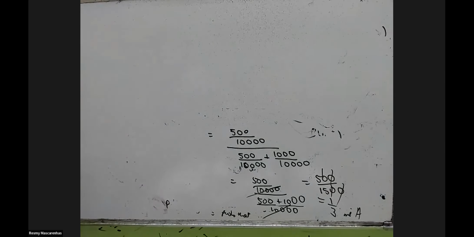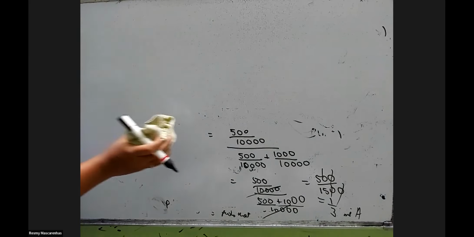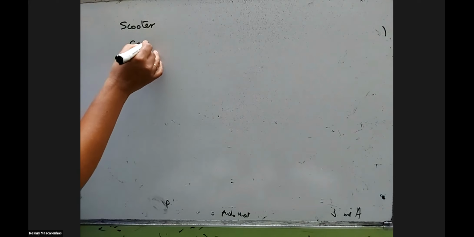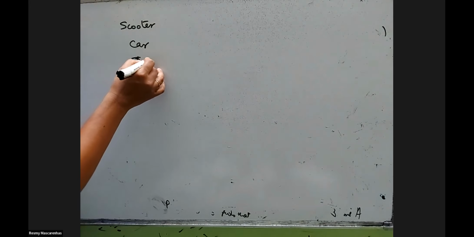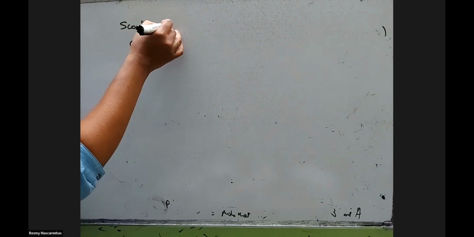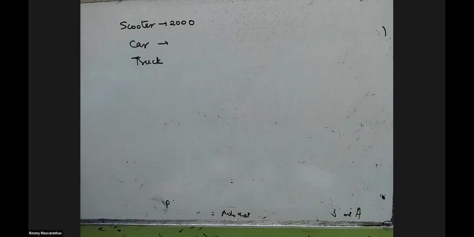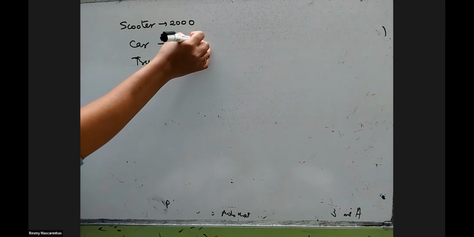So the data, now three things are given. Sorry, 4,000. Yeah. This is 4,000.